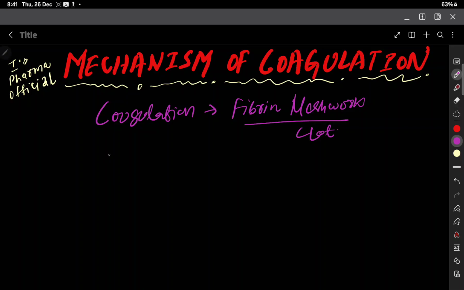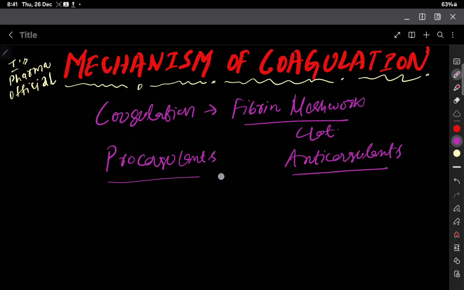Now there are two things which are present in our blood. One is procoagulants and the second one is anticoagulants. Procoagulants are the agents which help in the coagulation.